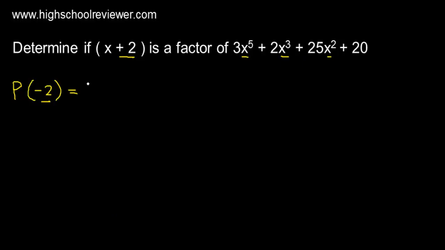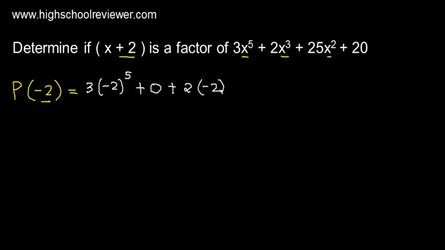Substituting, we will have here 3x raised to the power of 5. Since instead of x, this will now be negative 2 raised to the power of 5, plus we do not have here x raised to the power of 4. We will just put here 0. And then we have x raised to the power of 3, so substitute negative 2 to x.